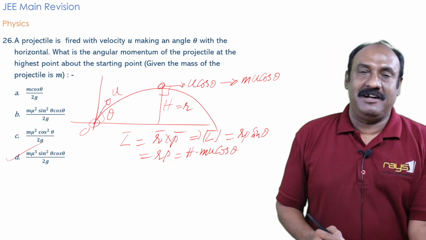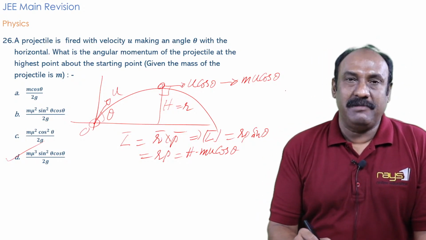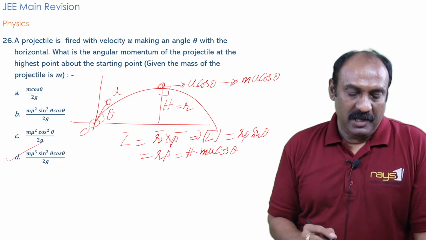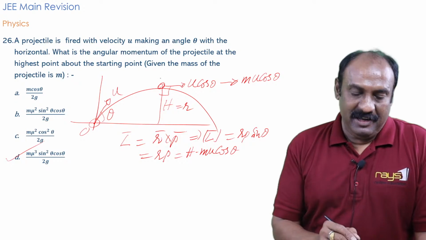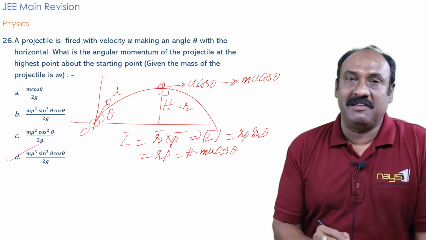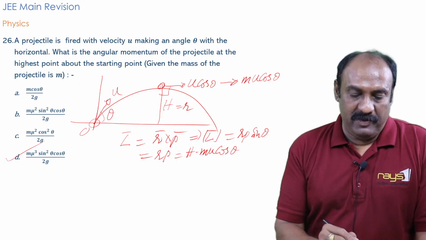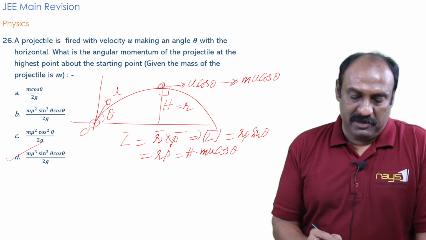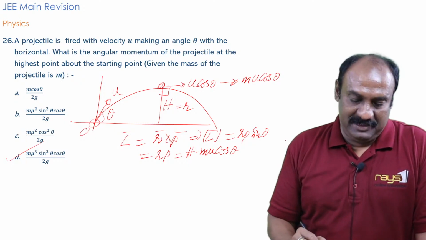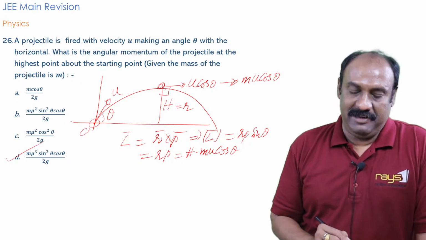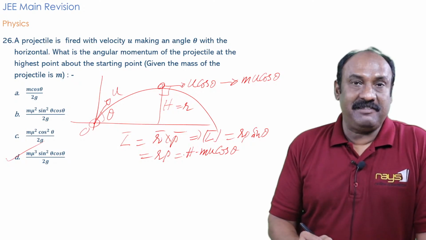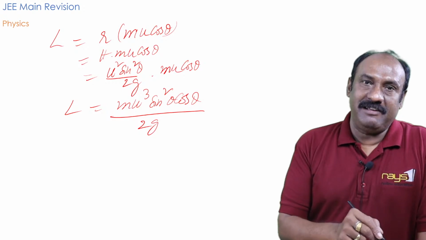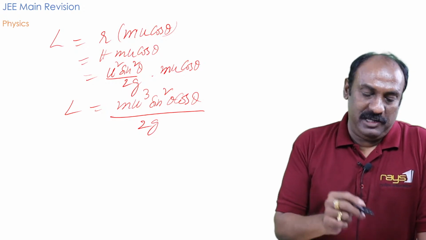So, what did I consider? I considered the linear momentum of the projectile at the highest point of its path, that is mu cos theta. With respect to this point of projection, this momentum is at a perpendicular distance h, which equals the maximum height reached by the projectile. So, r is h. Angular momentum is r bar cross p bar, that is r into p into sin theta. Theta is 90 degrees here. H is the maximum height, u square sin square theta by 2g, into mu cos theta.